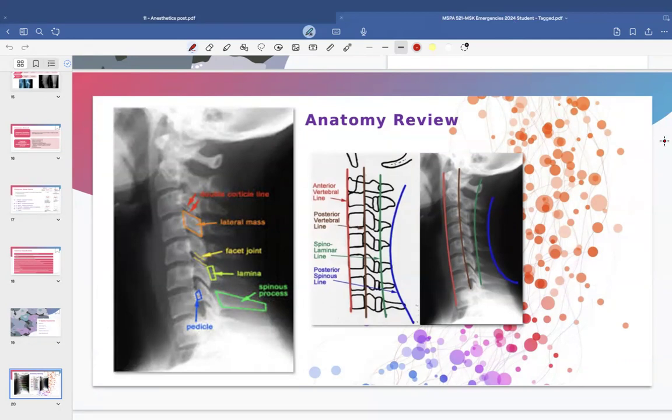They may require more operation. Then make sure your joints are aligned in the back, and then you have your spinous processes, which are not as important.